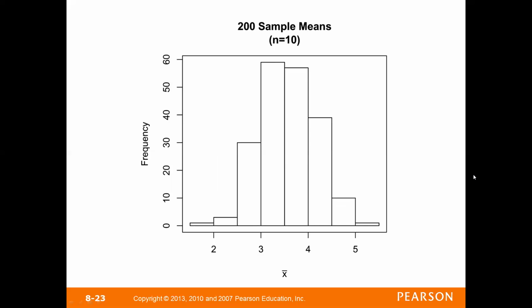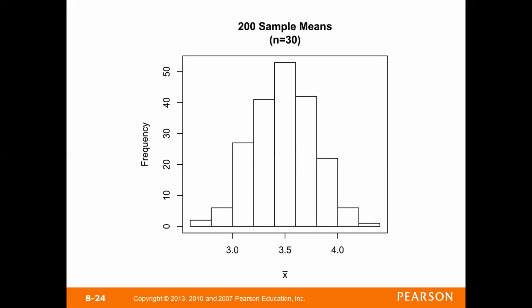If I look at n equals 10, it becomes even more bell-shaped, and it becomes a little skinnier. We're further narrowing in on it. And if I look at n equals 20 or n equals 30, it's very nice and symmetric.